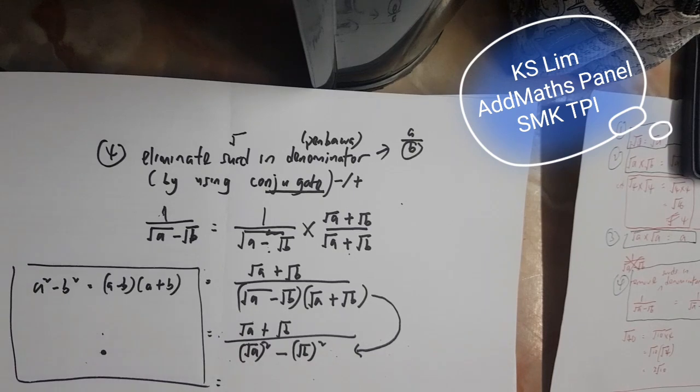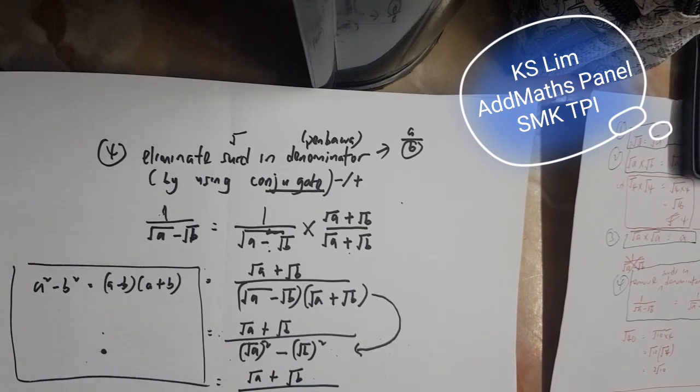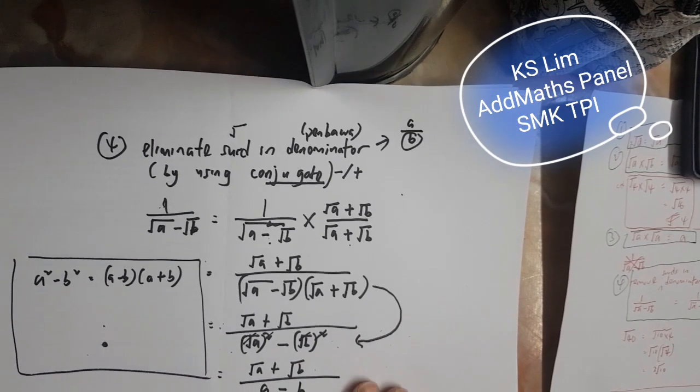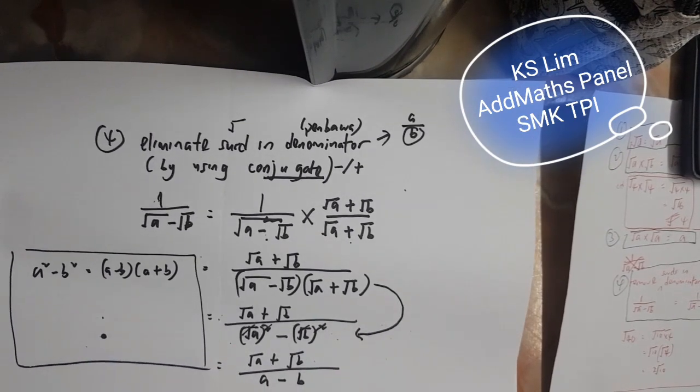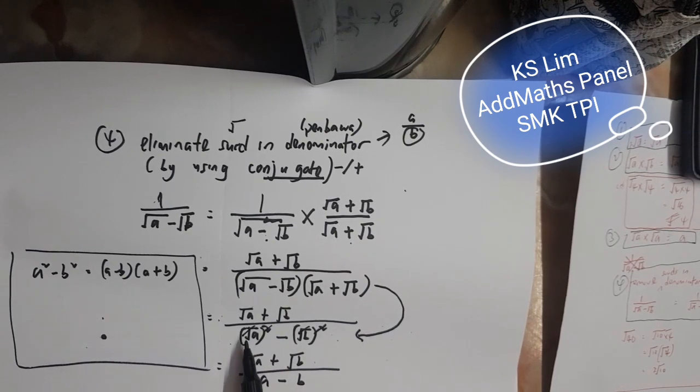For the next step, this doesn't change anything, just rewrite. But here you can see square root and square, they cancel, leaving A. This is minus. This cancels, leaving B. See? Square with square root, square with square root. So a minus b.